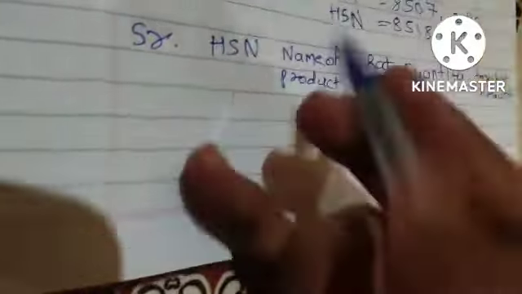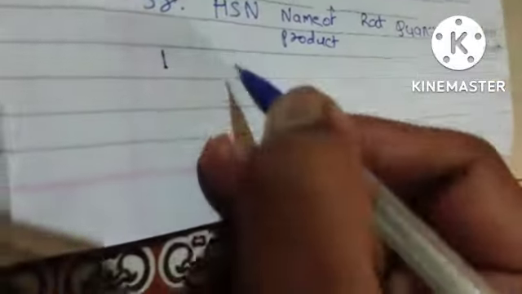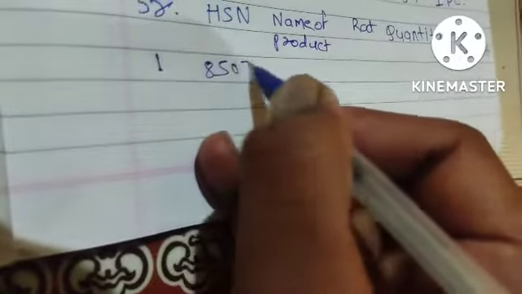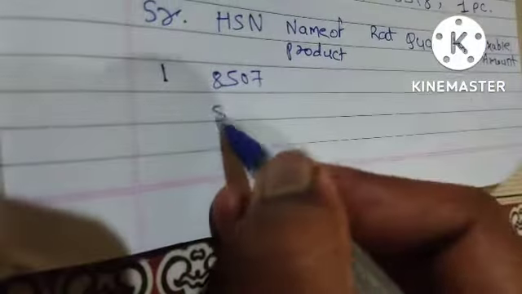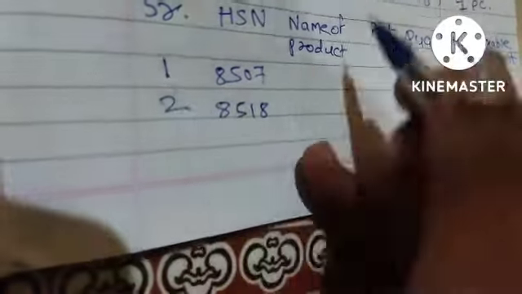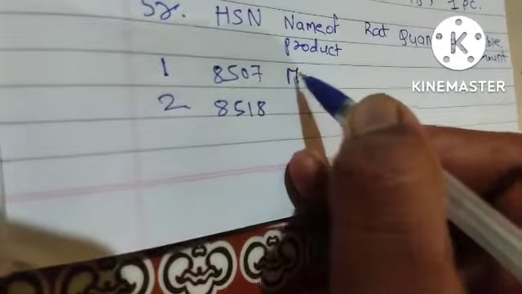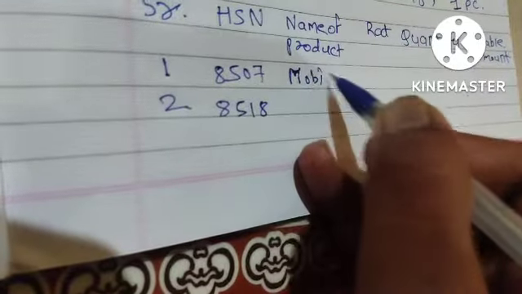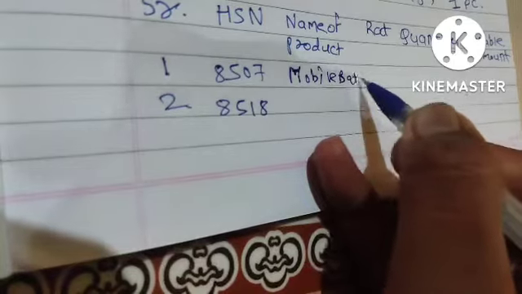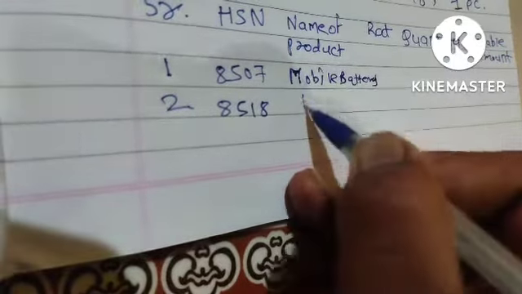First of all, let's write the serial number 1. HSN code is 8507, and 8518 for the second. First product is mobile battery, then headphone.